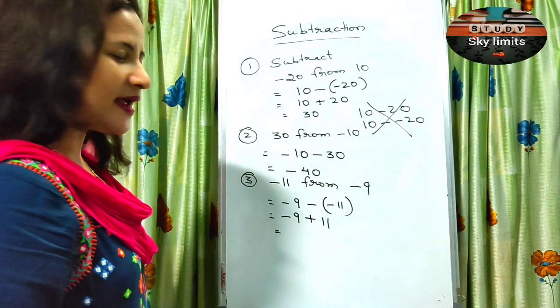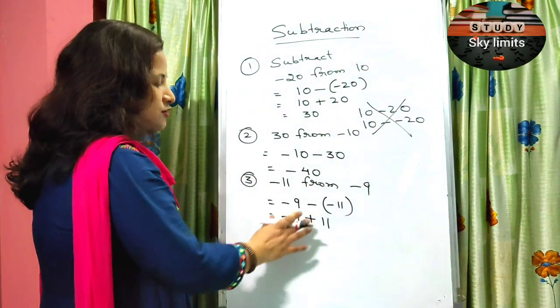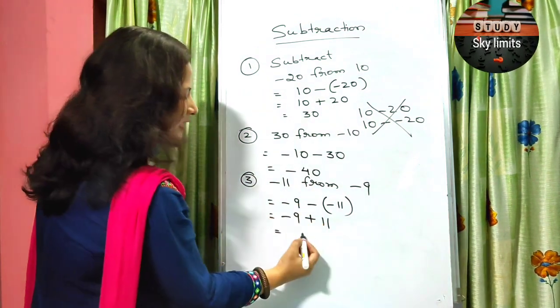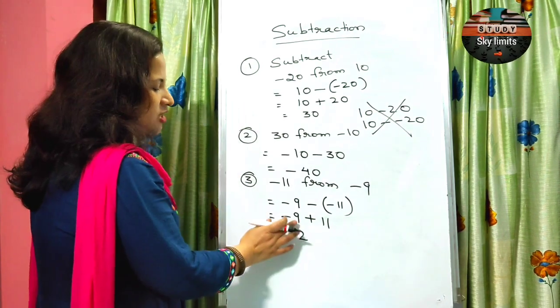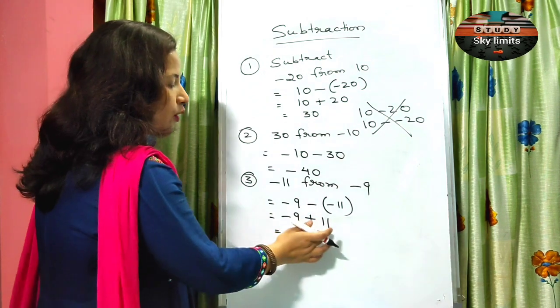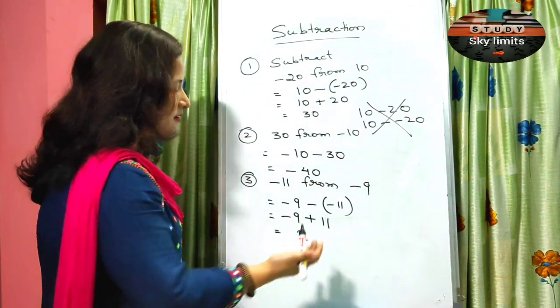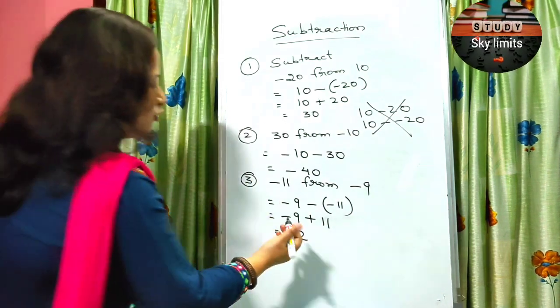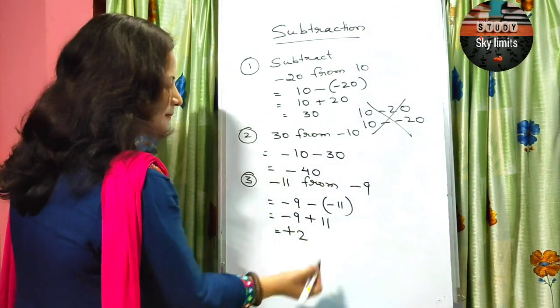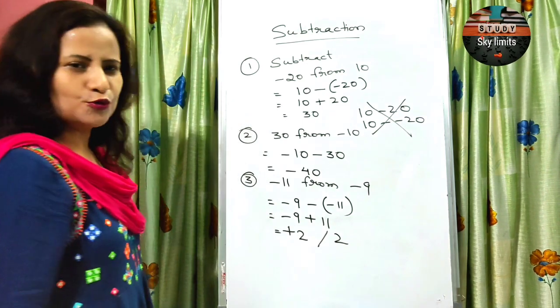Remember the last teaching that I gave you? You have to subtract 11 minus 9, that becomes 2, and give the sign of the greater number. So which among the two is greater, 9 or 11? Obviously 11 is greater, and it is carrying a plus sign, so that means the answer is a positive 2. If you want, you can write plus 2 or simply write 2.